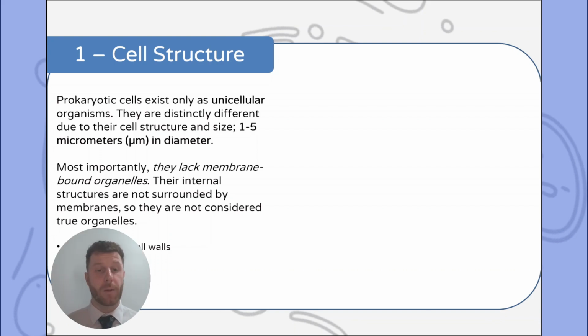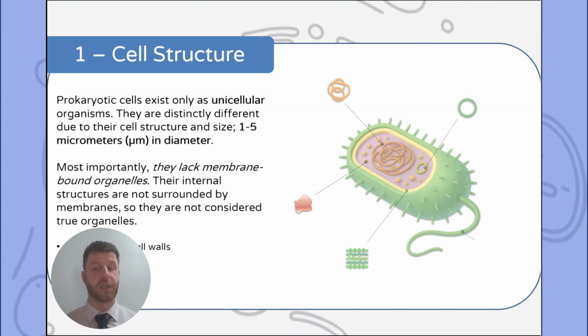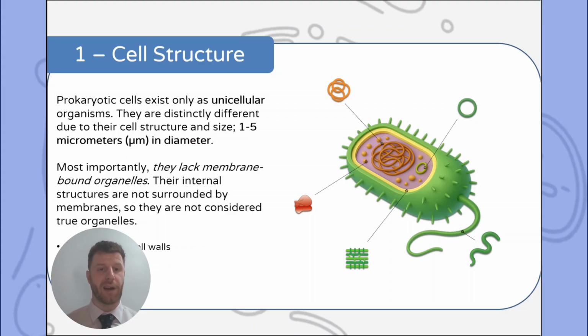Now, because none of it contains a membrane, we don't call these organelles, which sounds strange because some of the organelles that we talked about in the eukaryotic organisms didn't have a membrane either, but it's what we are asked to do by Cambridge. As such, let's look at these organelles on the diagram here, and once we've made our way through these, we're going to clarify some of the differences between prokaryotes and eukaryotes for you.